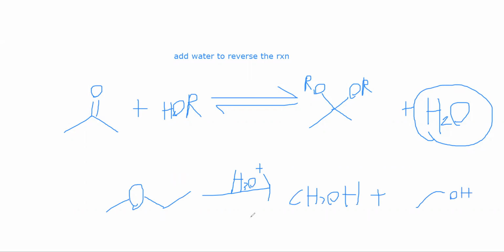That's the only reaction they do. They just get cleaved if you add acid to them. So an acetal is a protecting group for ketones and aldehydes, and only ketones and aldehydes. You can't form acetals with any other functional group.